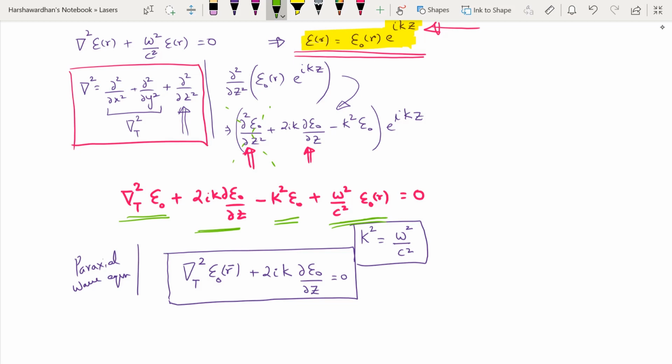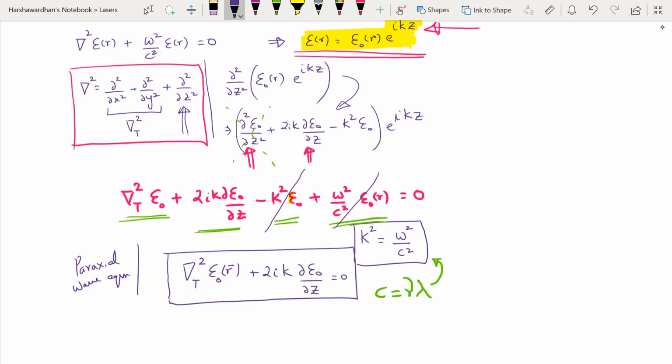The spatial periodicity and the temporal periodicity are related, and this is nothing but the relation between lambda and nu, wherein c comes in, and factors of 2 pi make it this way. You can quickly derive this relationship from the fact that c equals nu lambda. So these two terms get cancelled, and what remains is the paraxial wave equation.